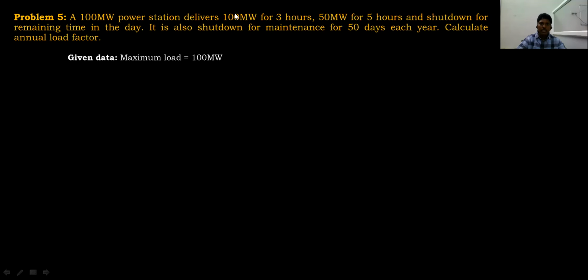In that, it is loaded for 100 megawatts as well as 50 megawatts. Among those two, what is the maximum load? It is 100 megawatts. So I have taken the maximum load as 100 megawatts, and it operates for 3 hours.